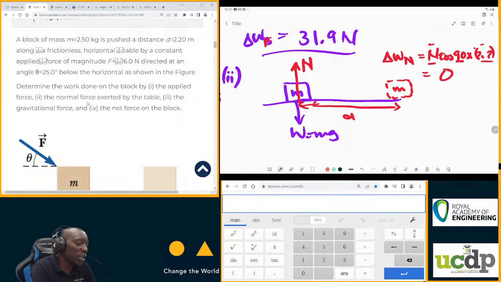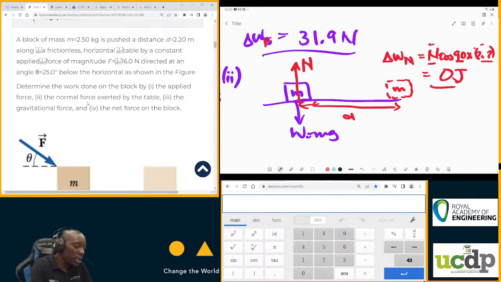Same applies to the work done by gravity or by the weight. It will be 0. So for item 3, the gravitational force will give the same 0 joules for the work, because it also acts at an angle 270, which gives cos 270 is also 0.